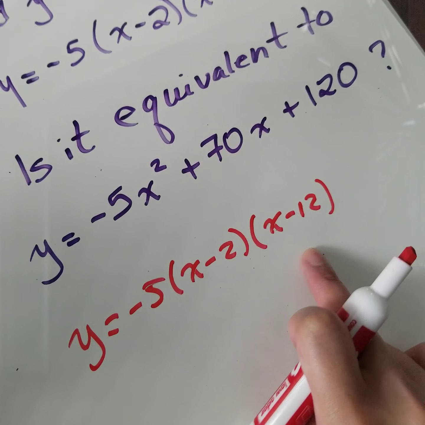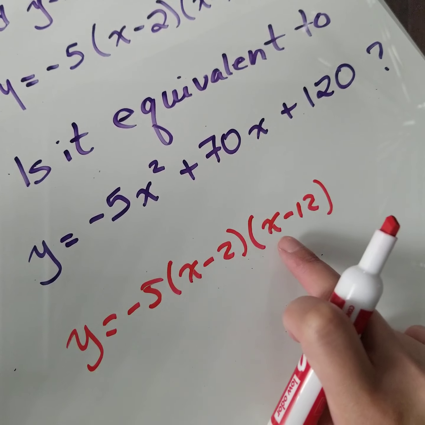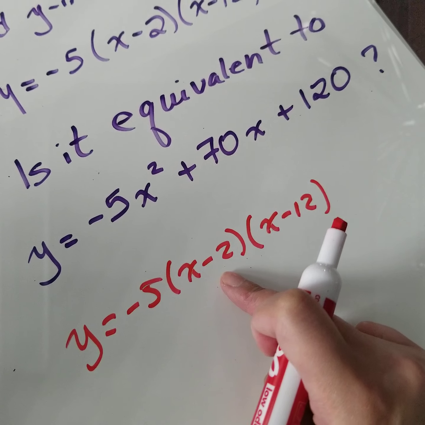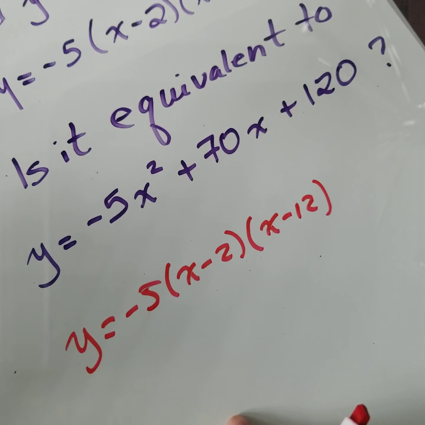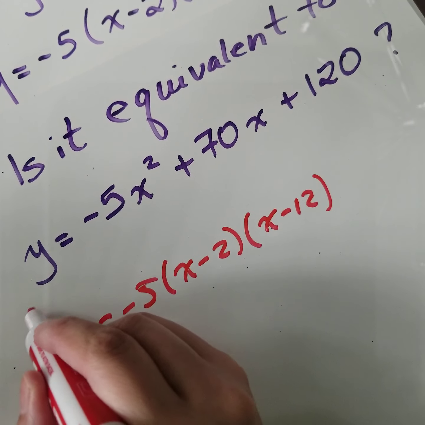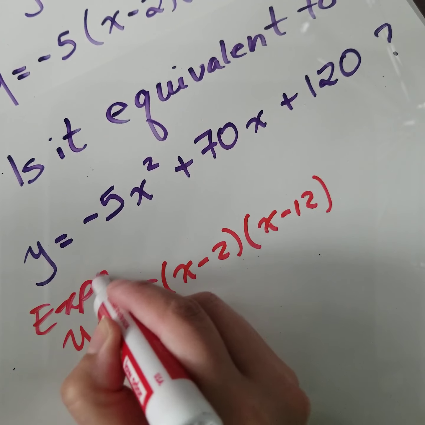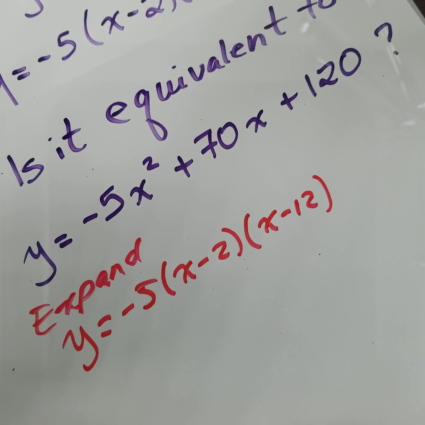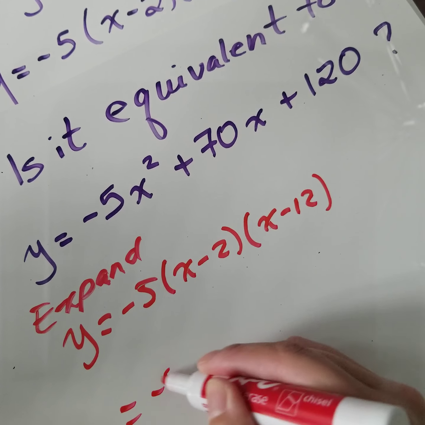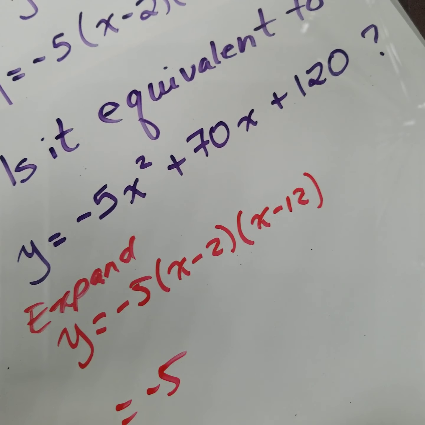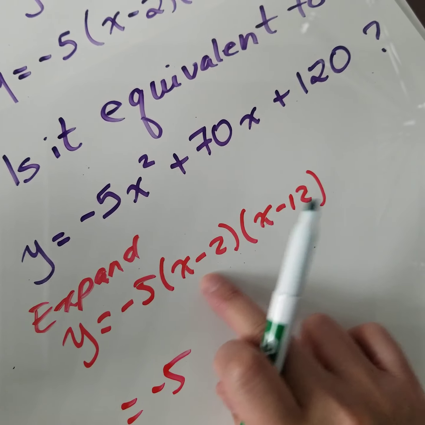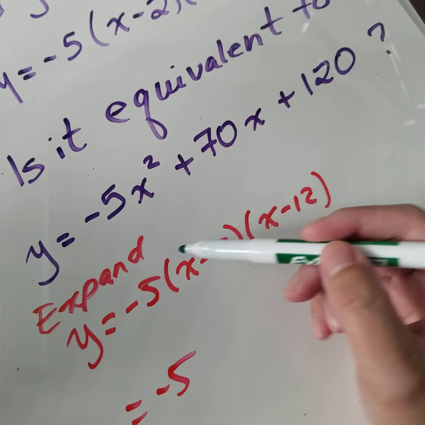Remember, when we have brackets, we say hi mom, hi dad, and whoever's coming with you to the house will also say hi mom and hi dad. So let's expand, and let's use different colors so we know what we're expanding. This -5 is going to stay the same. So here's me and my brother. We're going to say hi to my mom and my dad.